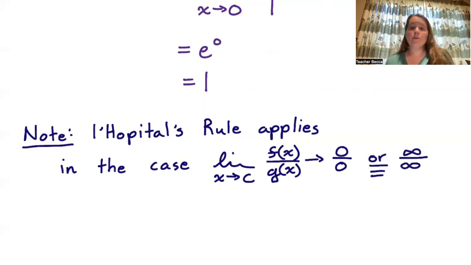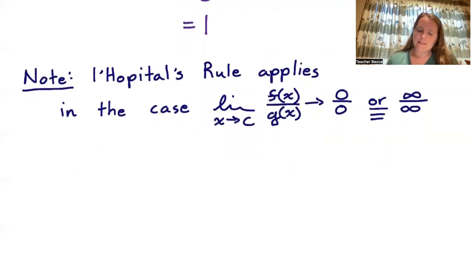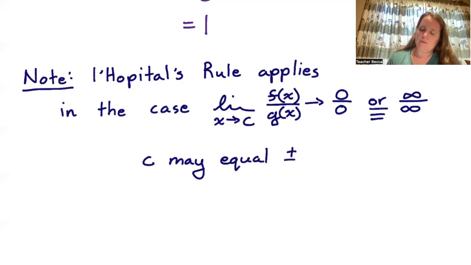The cases we used were all 0 over 0, but infinity over infinity works as well. And c may equal plus or minus infinity as well. So we can use L'Hopital's rule whether we're doing limits at infinity or limits at a number in between.